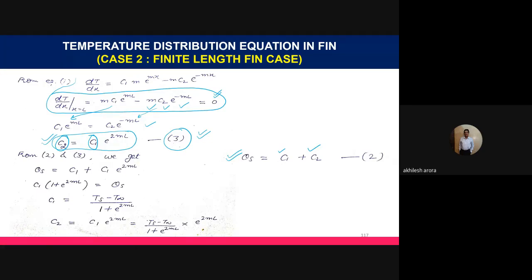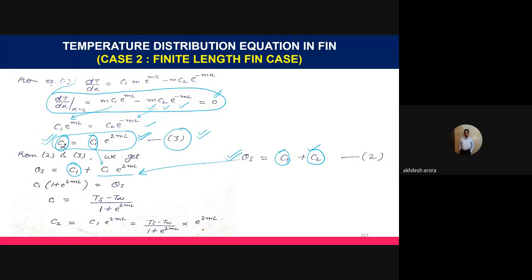So you can see it here. I use this particular equation, and c1 is written as c1, and in place of c2 I have written equation number 3, which gives the value of c2 as c1 e raised to power 2ml.